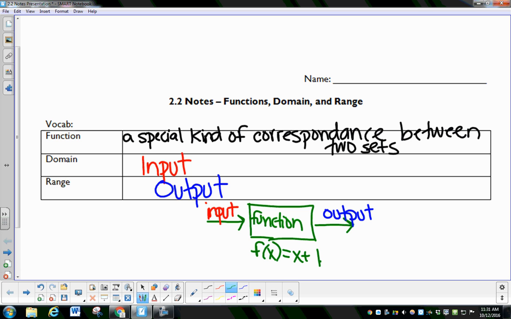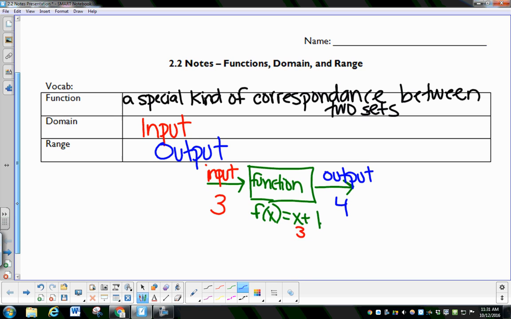F of x equals x plus 1. So if we put in, let's say, a 3, it would come out 3 plus 1, and it would come out a 4. That's how you can think of a function. It has an input and an output.